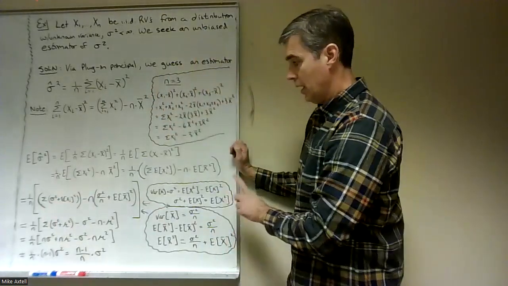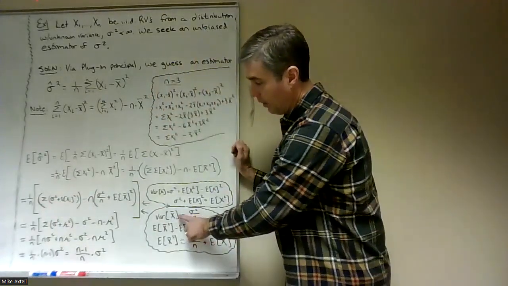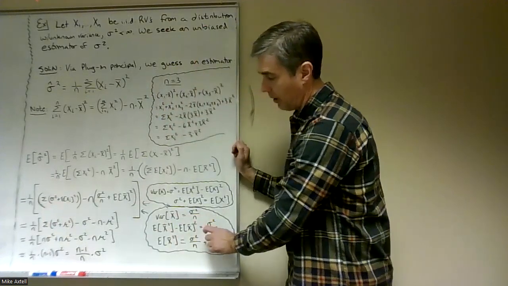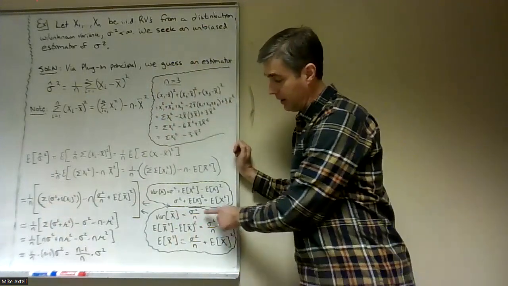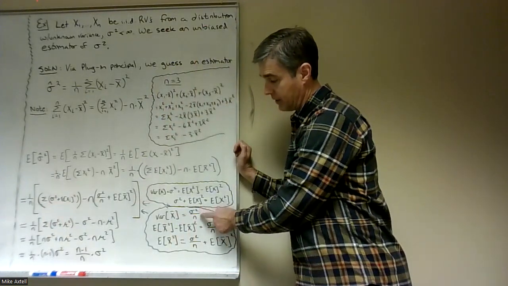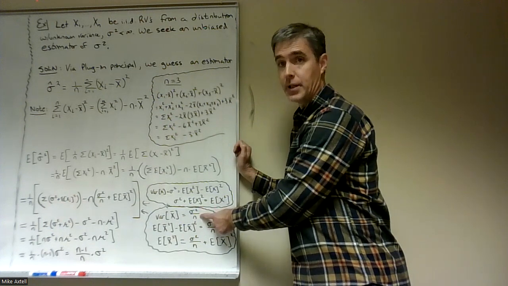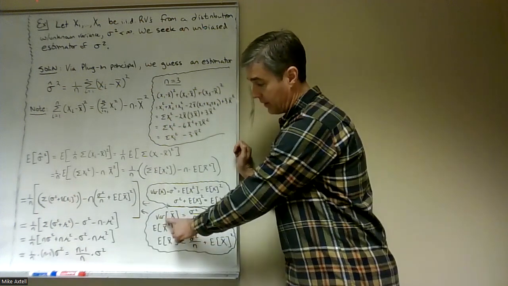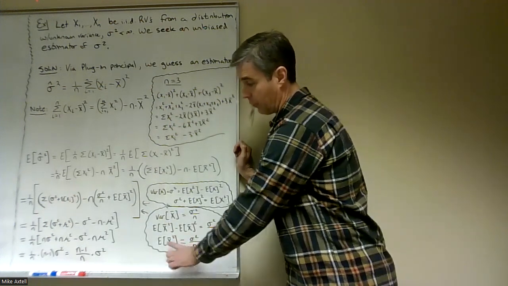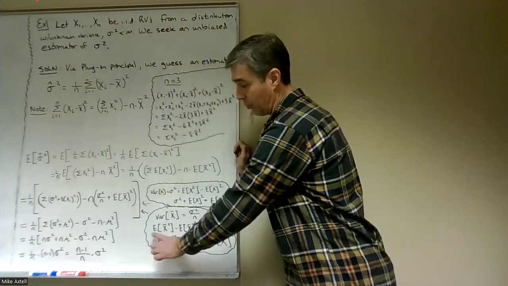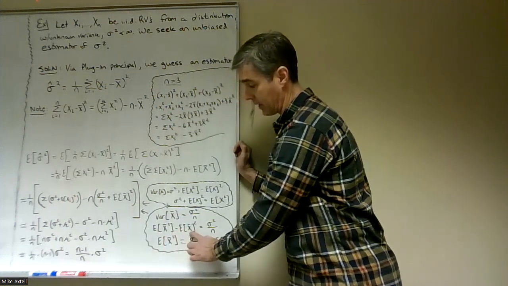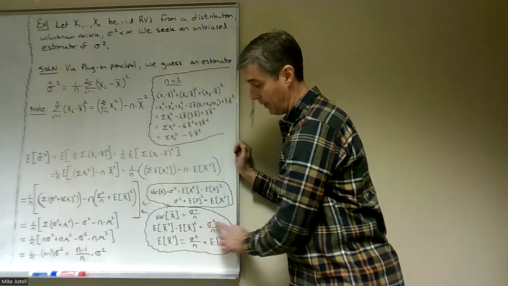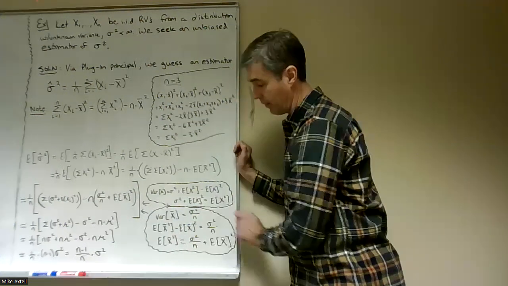Okay. Now, we know the variance of x bar, the variance of the sample mean, is the variance of each x divided by n. We've done that computation a lot in this class. The formula for the variance of x bar would be E of x bar squared minus E of x bar quantity squared. There's that same right-hand side as the line above it.